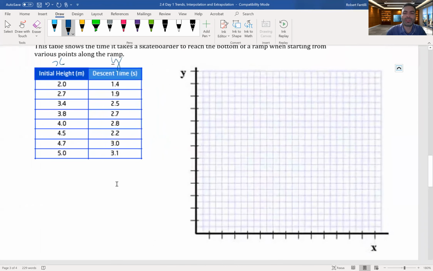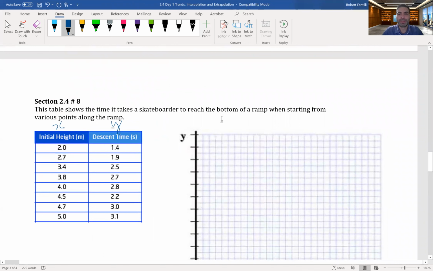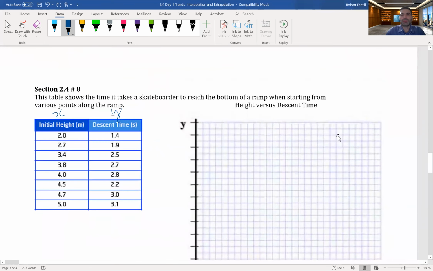So we probably want to come up with a title for our graph. Let's see, we can do something like skateboarder height. Let's just say height versus descent time for skateboarding.